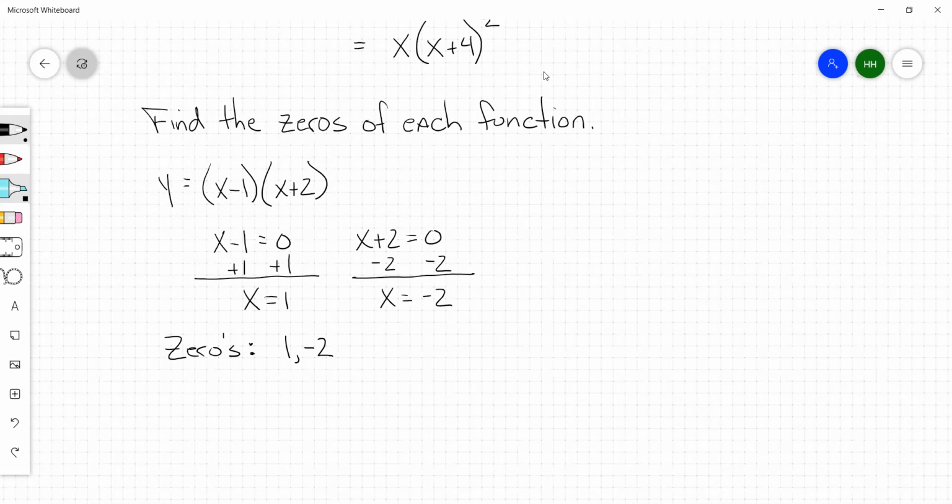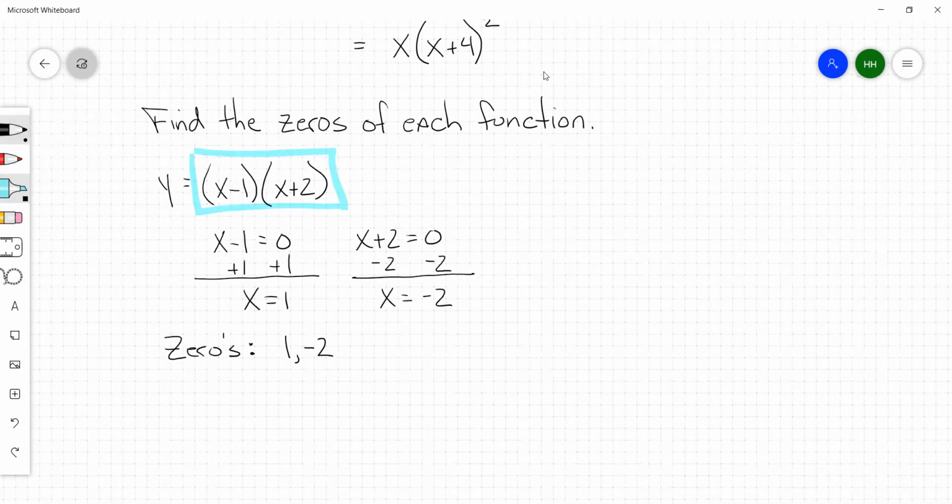Now, to show you a little bit what the next segment is going to look like, if we were to take this y equals x minus 1 times x plus 2, and we took this right side and multiplied it, I want you to see what's going to happen here.